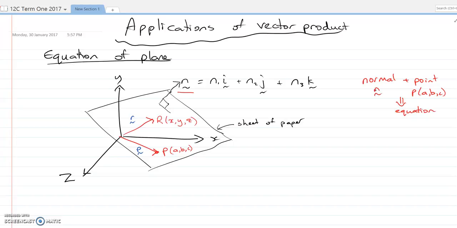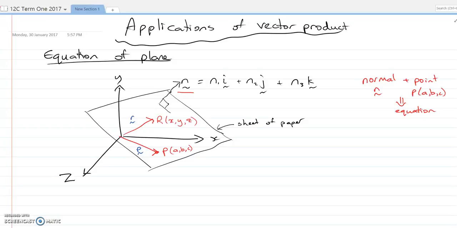So if you have 2 vectors and you know the exact location of those vectors, you've got a point somewhere. If you're given 2 vectors, you can figure out the normal, and you can use one of the points to find an equation. And that's what we'll do in our example later.